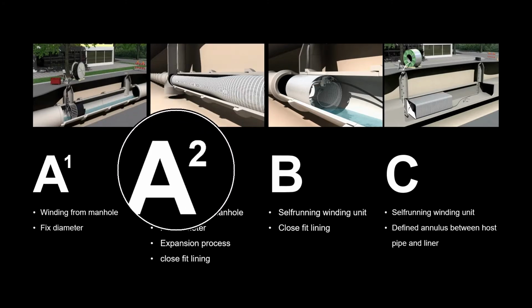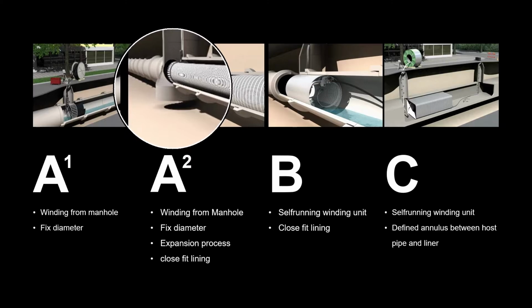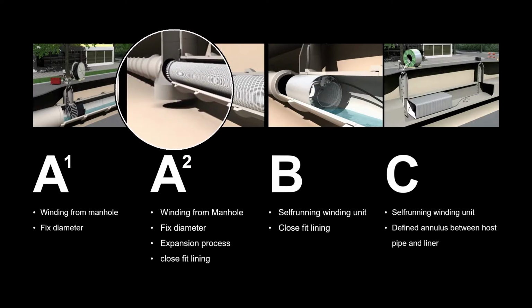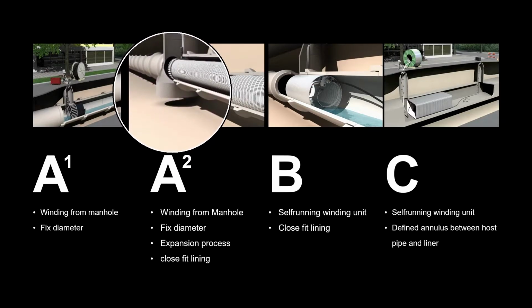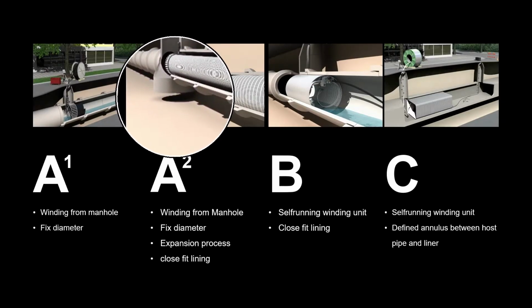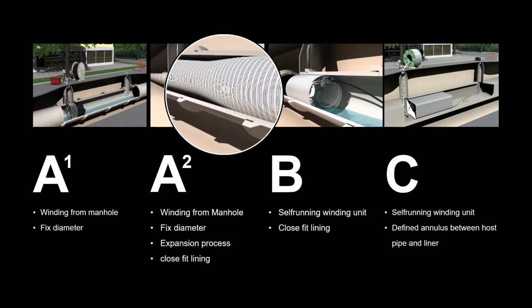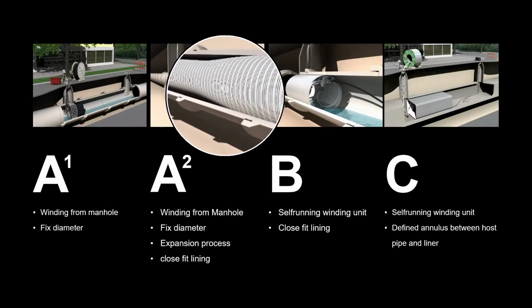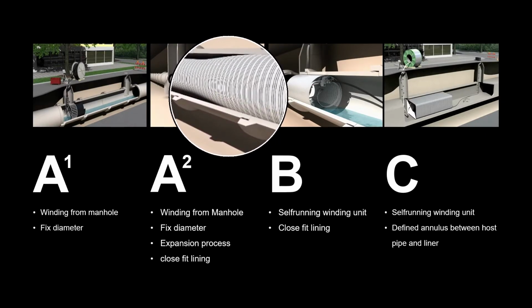And we have the technology A2, where the machine is also installed in the manhole and stays there. So the liner is also wound in front of the machine to the ending manhole with a fixed diameter first of all, and an expansion process later on. So it means at the end, when the system is installed, we have a so-called close fit lining. So the spiral wound liner is close fit to the host pipe.